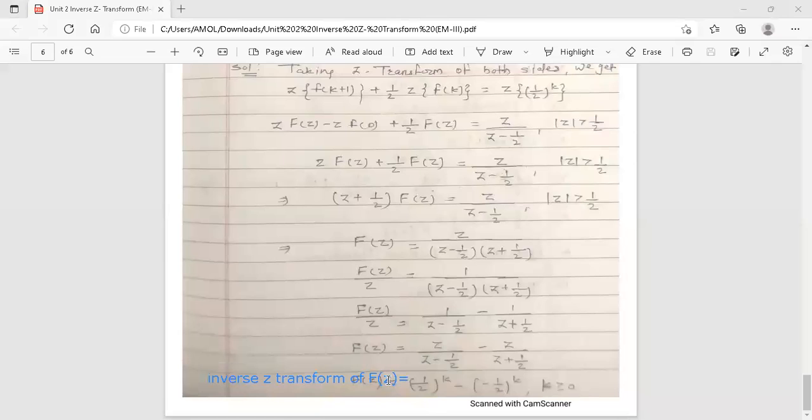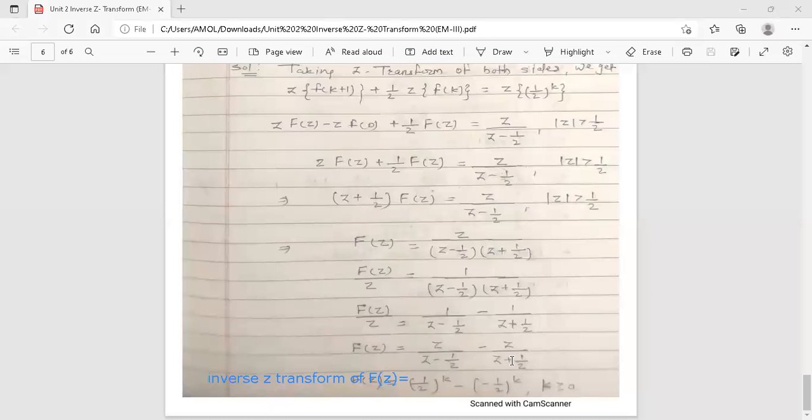Inverse Z transform of f of z means apply the inverse Z transform on both sides. So inverse Z transform of f of z is equal to, now inverse Z transform of z upon z minus half is 1 by 2 raised to k. Using the Z transform of standard sequences results, you can easily write that the inverse Z transform of z upon z minus half is 1 by 2 raised to k, minus the inverse Z transform of z upon z plus half.